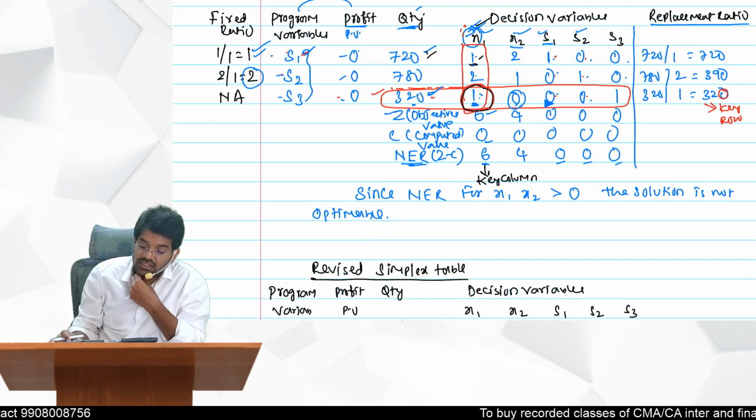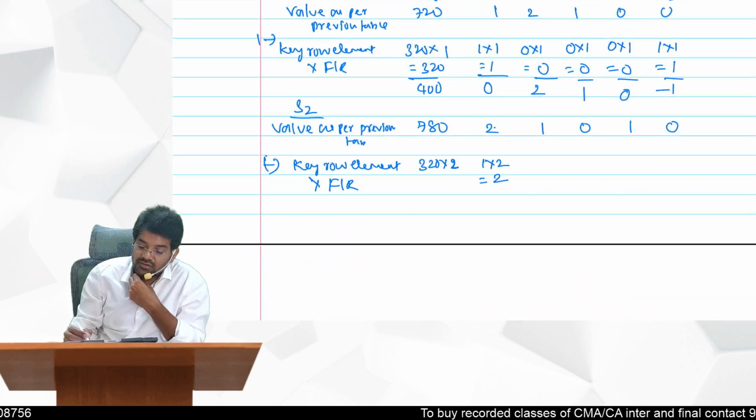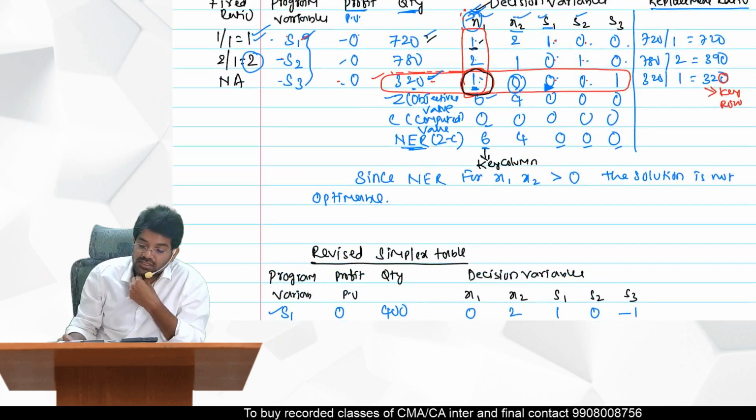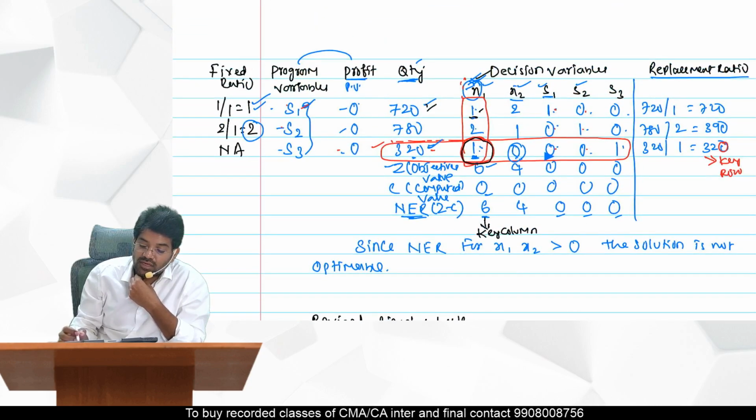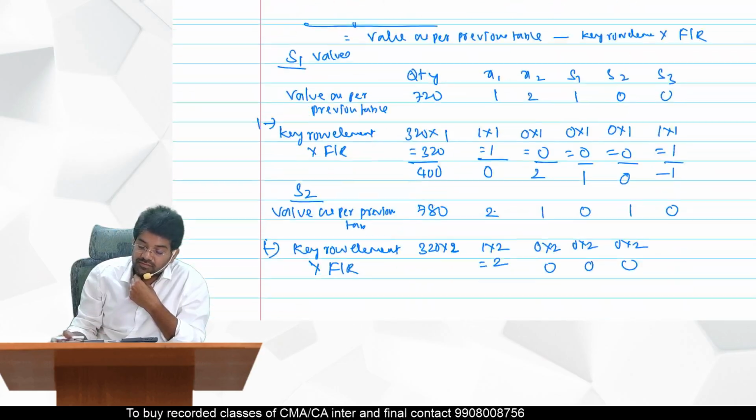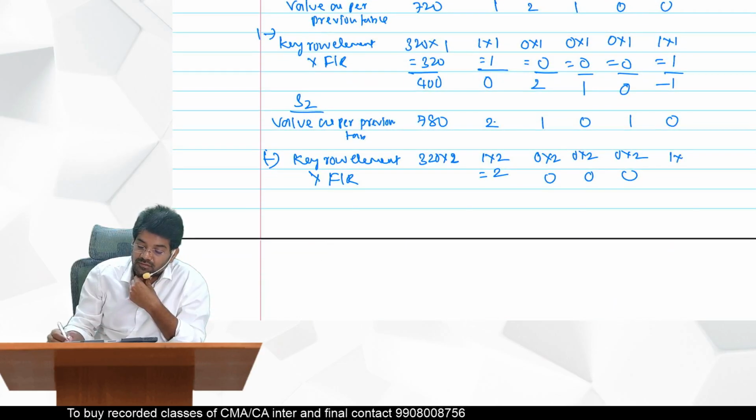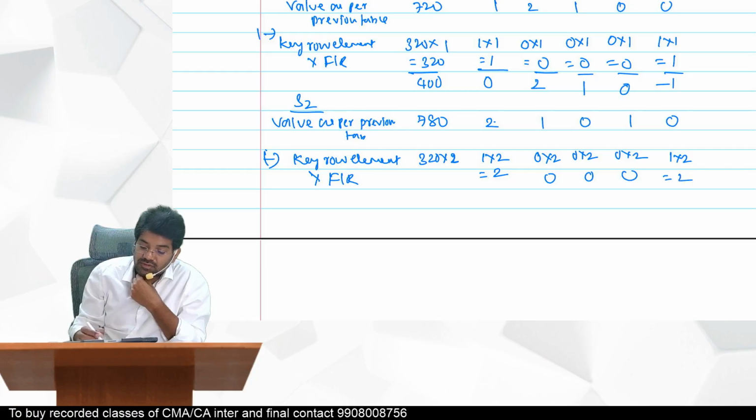Next 3 are zeros only. 0 into 2, 0 into 2, 0 into 2. 0, 0, 0. Last one is 1 into 2. It's 2. So what are the values now?